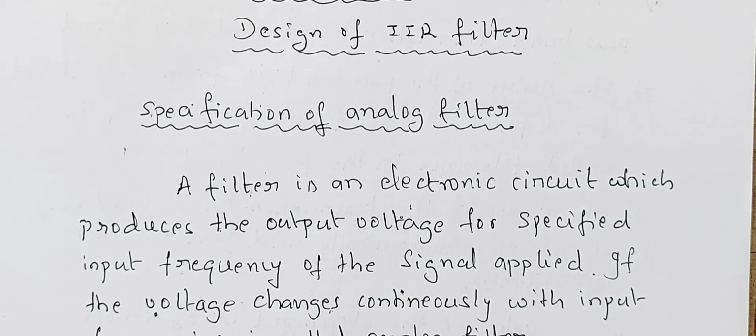That is, an AC signal is applied to the input of a circuit having frequency ranging from 0 to infinity. When that input is applied to any electronic device, output is produced only for a certain value of frequency. So this is called a filter. So a filter is an electronic circuit or device which produces the output voltage for specified input frequency of the signal applied.